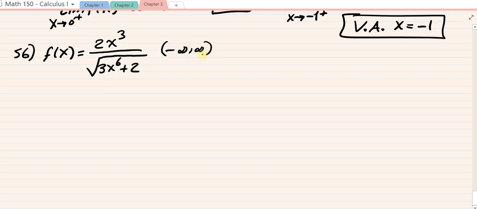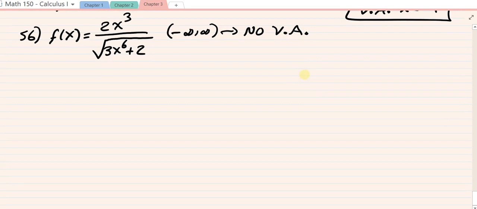So this would imply no vertical asymptote. Now we've got to work on the horizontal asymptote. For the horizontal asymptote, we're going to look at the limit as x goes to infinity of the function, right? Now, we're going to look at the case where x is positive or negative, because it makes a difference.